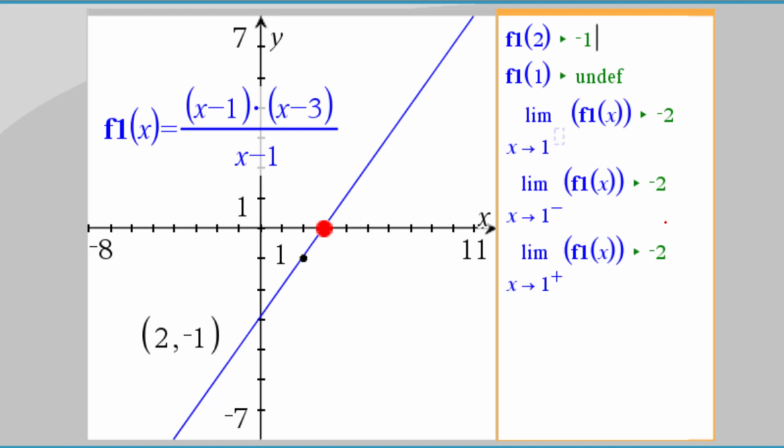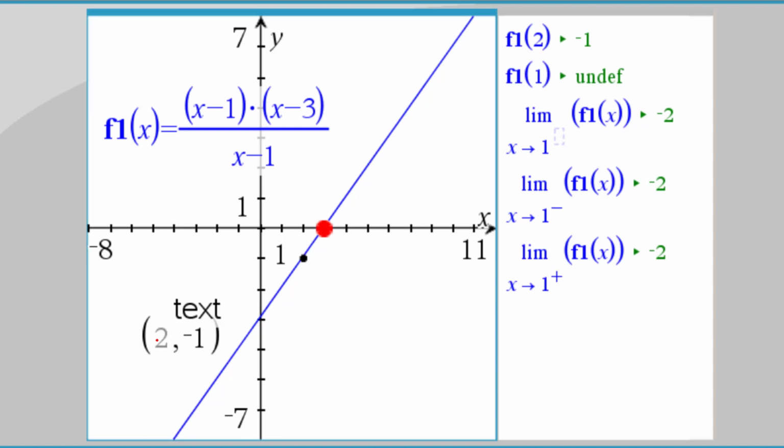So it's trying to get to -2, but actually -2 as a y value does not exist on that graph. So this is what limits imply. If I was determining the limit of this function when x approaches 1 from either side, it is trying to get to the value of -2, although in this particular case it is not defined, because we have just seen that the function value at 1 is undefined. Okay, so that clarifies it, and this point is referred to as a hole.